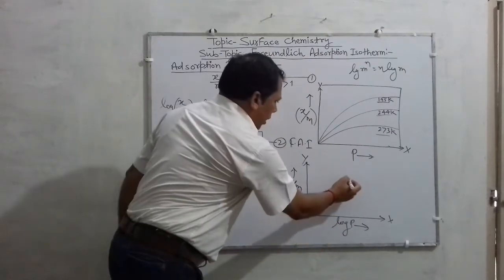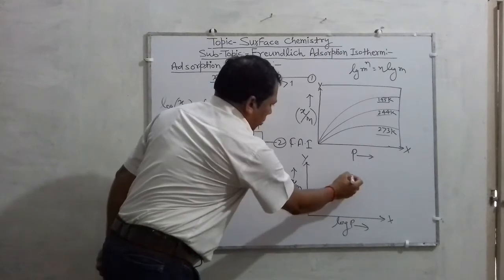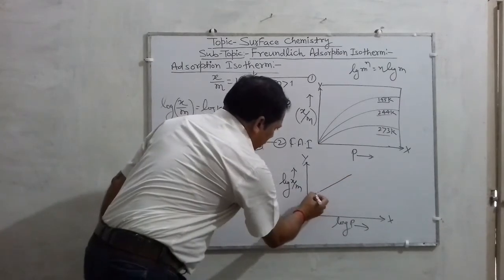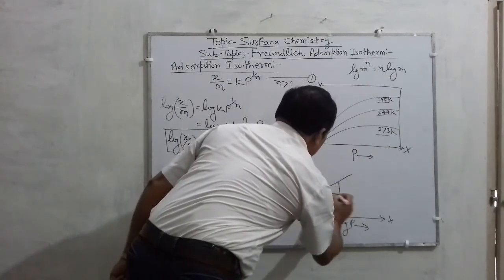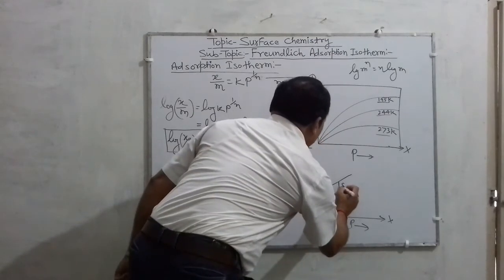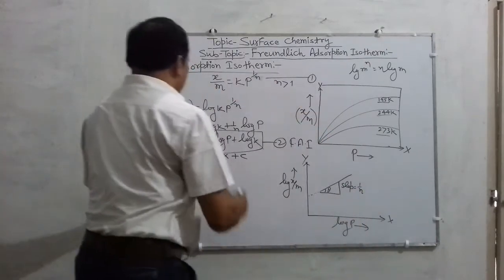Then children, a straight line will be obtained, and this is theta.